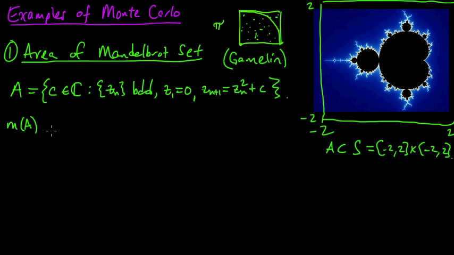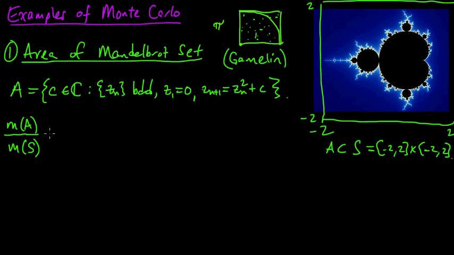What we'd like to do to use a Monte Carlo approximation is to somehow write this in the form of an expectation. And how can we do that? Well, maybe we can think about it as a probability. Every probability is an expectation. So what if we think about the area of A divided by the area of S, the fraction of this square occupied by the Mandelbrot set.